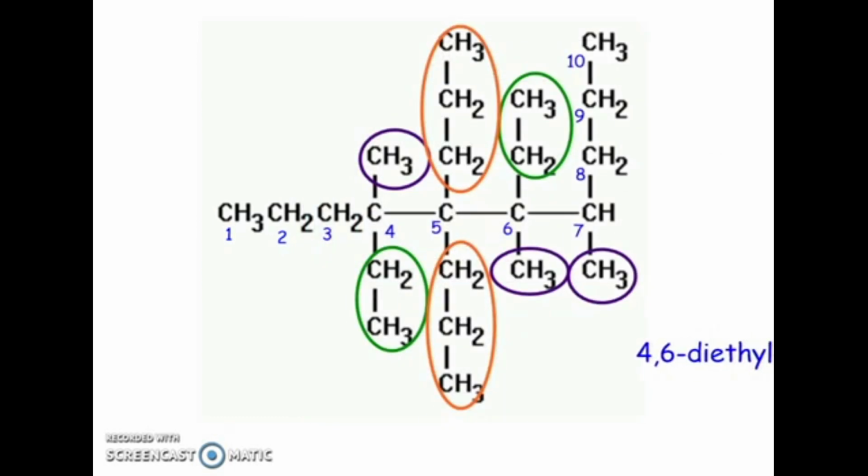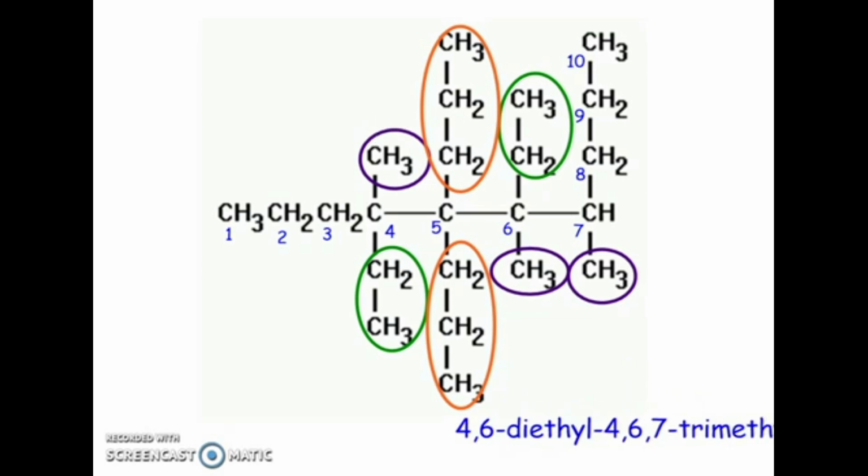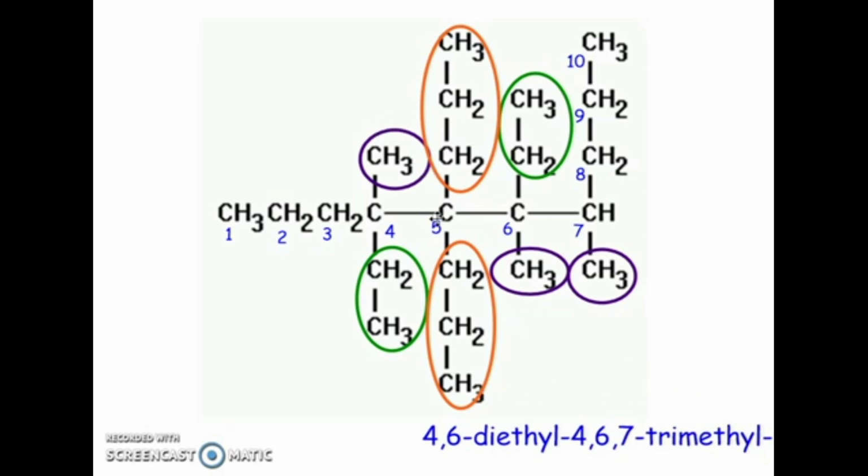So 4,6-diethyl, carbon 4, carbon 6, 2 of the same groups, di, 2 carbons in the chain, ethyl. Then methyl, 4, 6, and 7. There are 3 of those groups, so tri, 1 carbon in the chain, methyl.